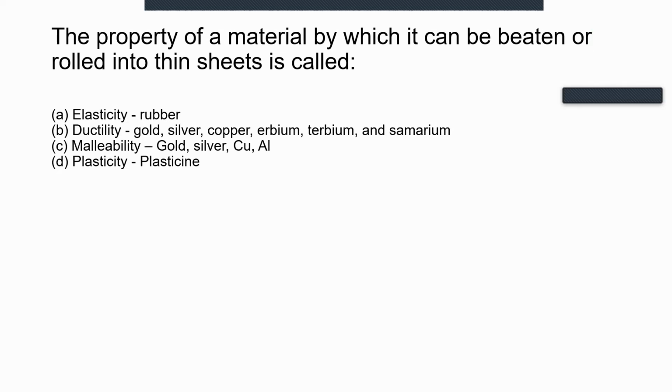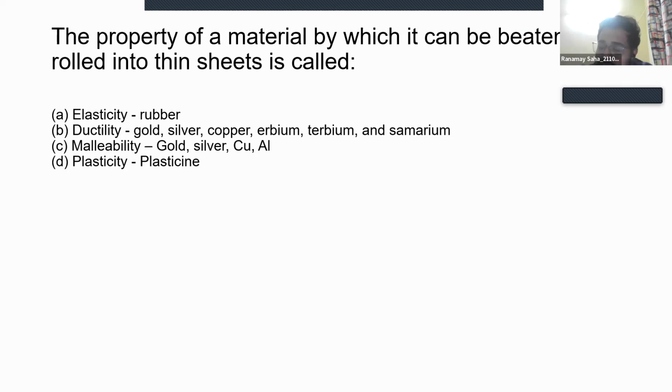So, ductile, tell me. Yeah, so malleable materials, in which you can consider it as a plate or a thin sheet, which has a larger surface area than its thickness.